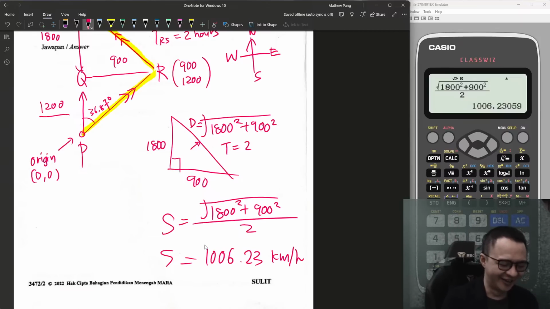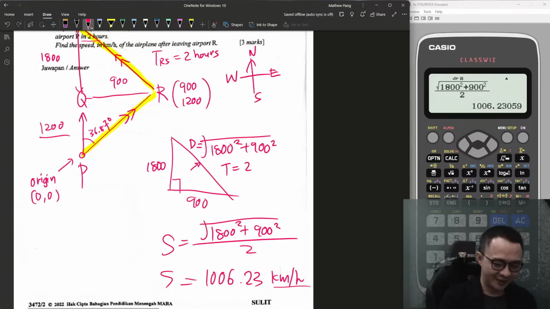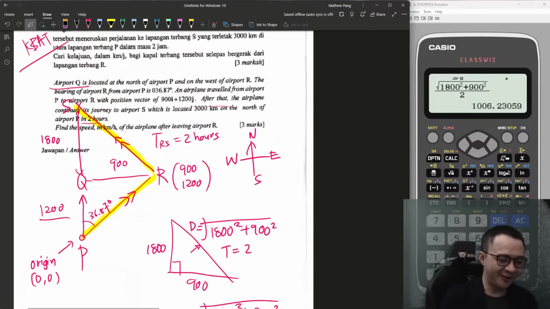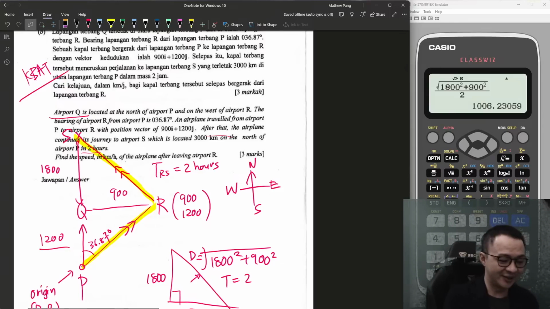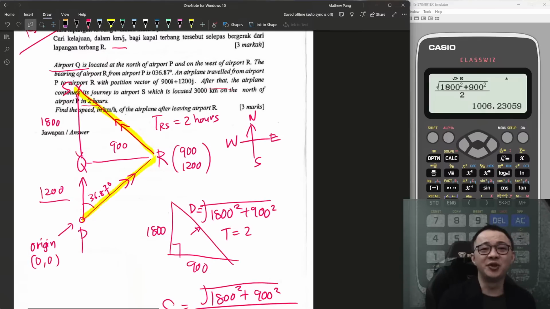I don't know the unit because normally for plane we will use the knot to represent the speed. But here maybe I use km per hour. Because for plane normally we use nautical mile to measure the distance, isn't it?